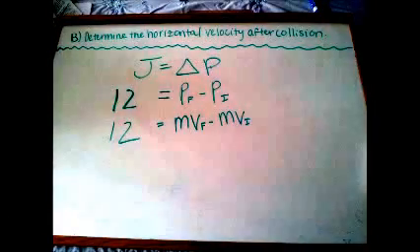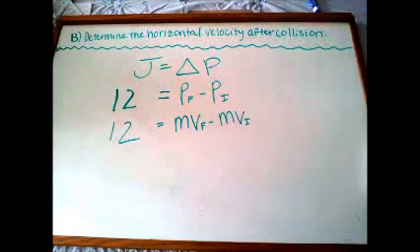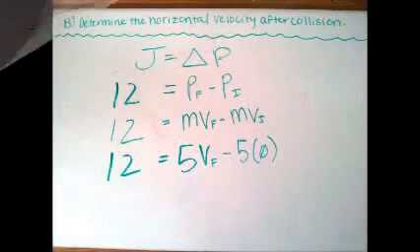Because we know that momentum equals mass times velocity, we can exchange the P for m times v. So we get a new equation of 12 equaling mass times velocity final minus mass times velocity initial.